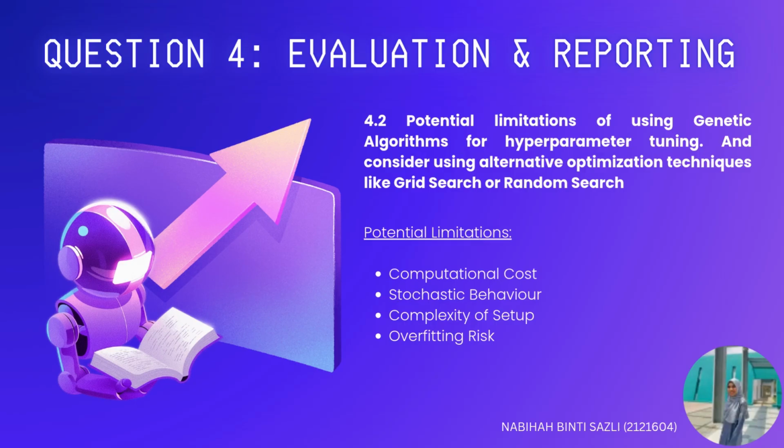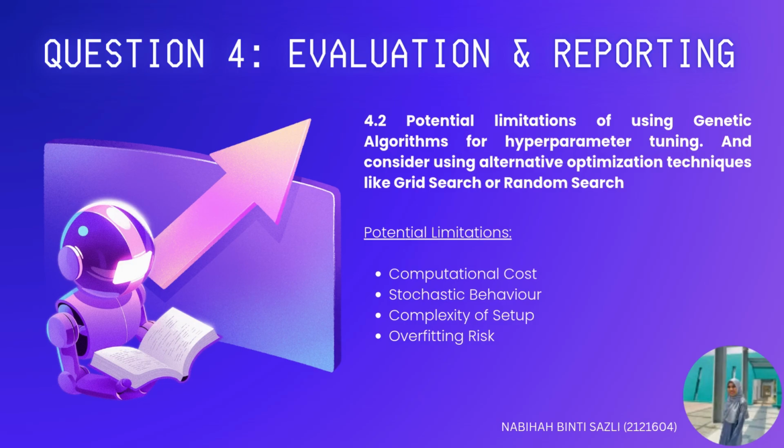All right, so next is 4.2, which is to discuss the potential limitations of using genetic algorithms, or GA, for hyperparameter tuning, and when we would consider using alternative optimization techniques like grid search or random search. The first potential limitation is computational cost.